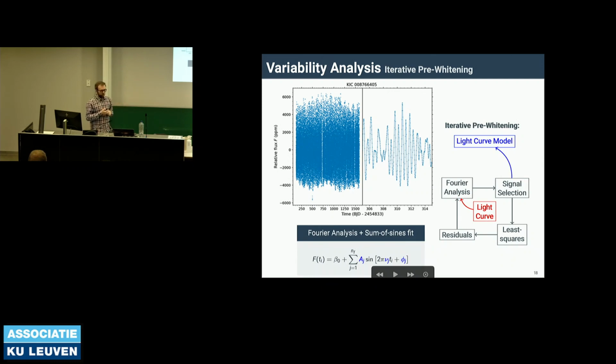You fit that model to your light curve, obtain the residuals, do Fourier analysis on the residuals, etc. And you do this in an iterative way until your signal selection criterion says, well, the next signal we're trying to extract is insignificant. And then you obtain your final light curve model.